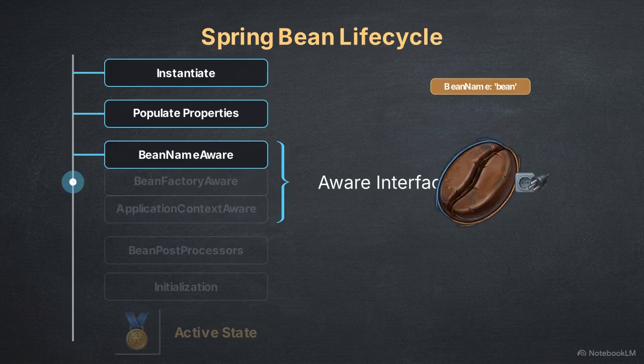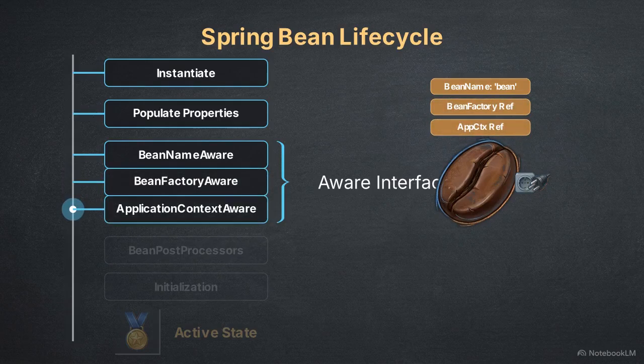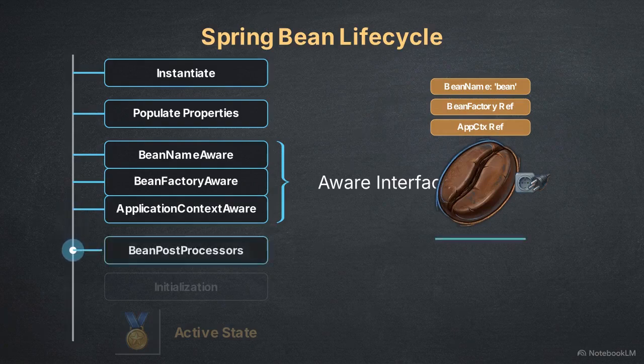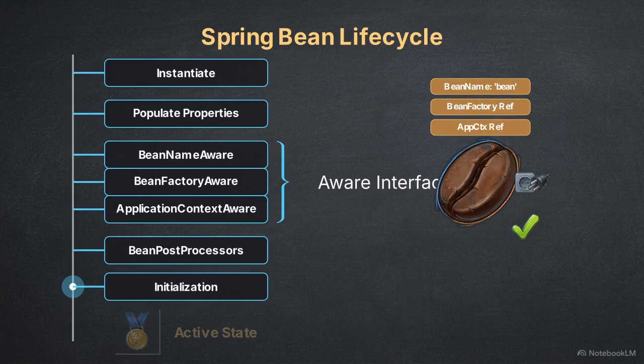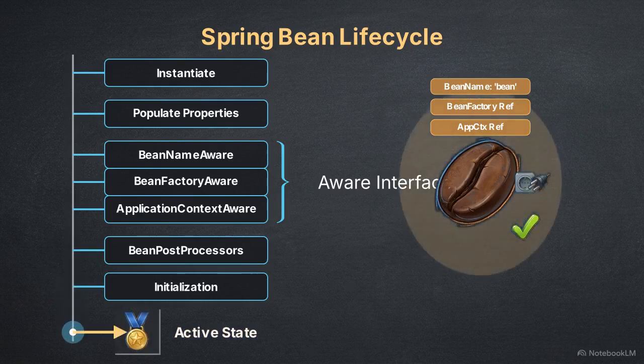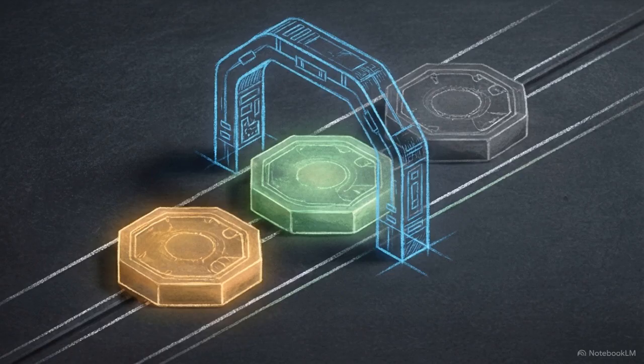The container passes critical metadata, like the assigned bean name and the internal bean factory, directly to the object if it requires them. Finally, it hits the initialization phase. The container executes any custom init methods right before the bean is officially deployed into the live application. Exposing this granular lifecycle proves Spring operates as a rigorously controlled assembly line, giving enterprise developers exact hooks to customize object creation.